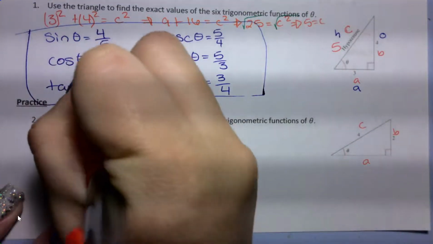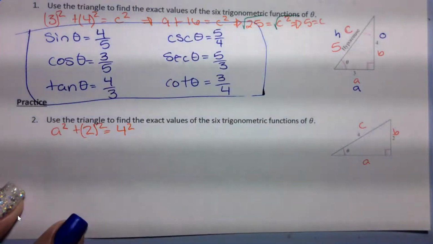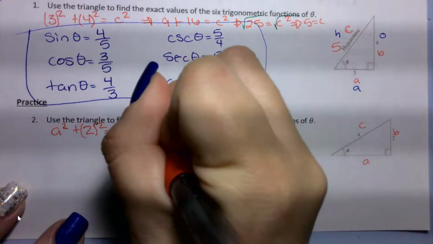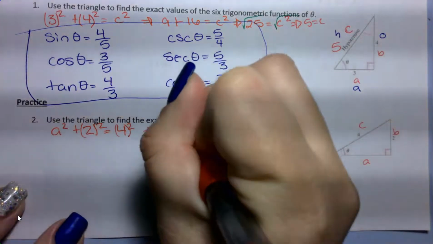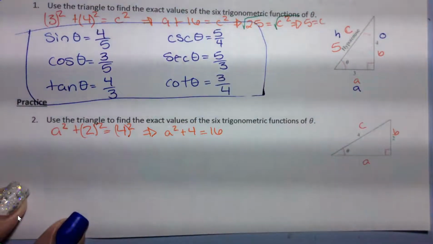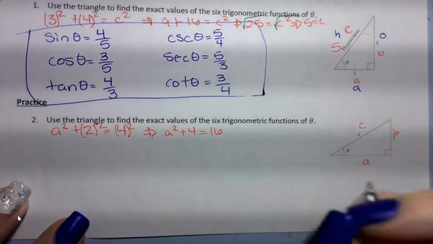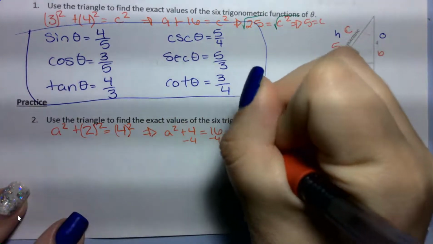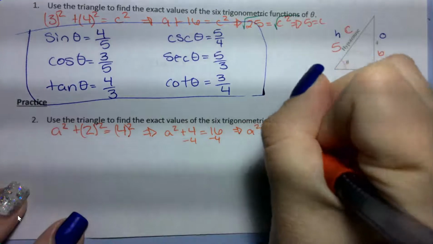A squared plus 2 squared equals 4 squared. Then I want to go ahead and simplify. So 2 squared is 4. 4 squared is 16. I want to go ahead and subtract that 4 from both sides. I end up with A squared equals 12.